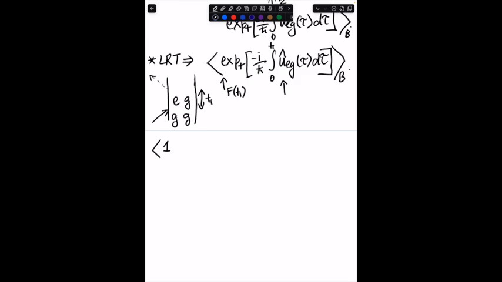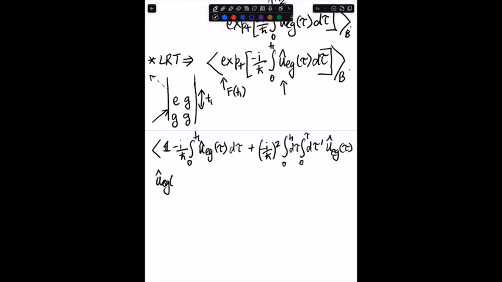So I get 1, or identity, minus i upon h bar integral from 0 to t1 of e.g. tau d tau, plus minus i upon h bar squared, the integral from 0 to t1 d tau, 0 to tau d tau prime, and then you had e.g. tau, e.g. tau prime, and so on and so forth, right?